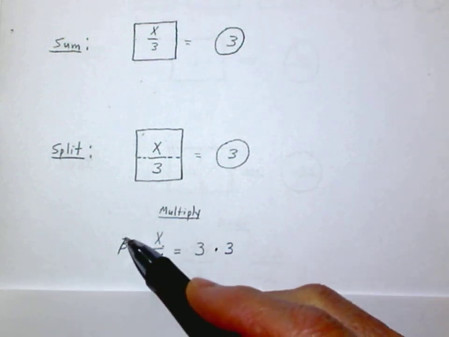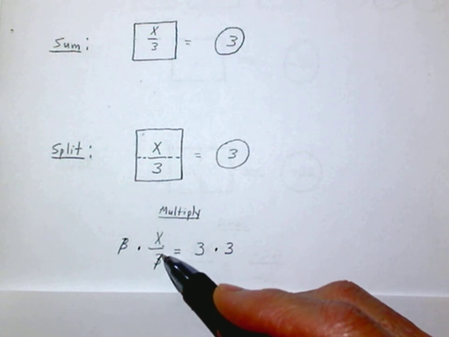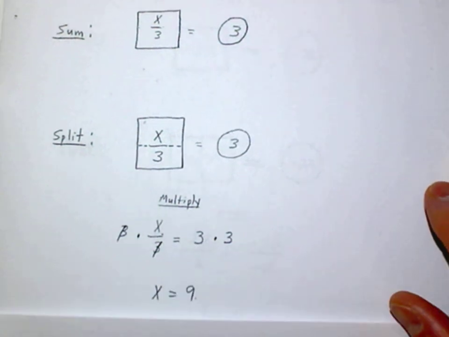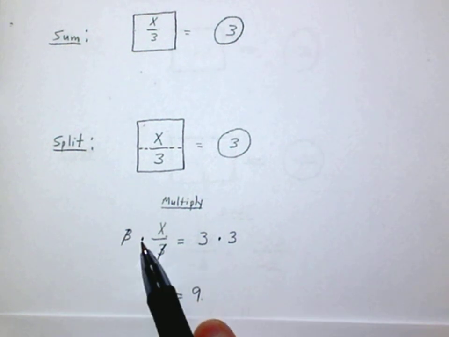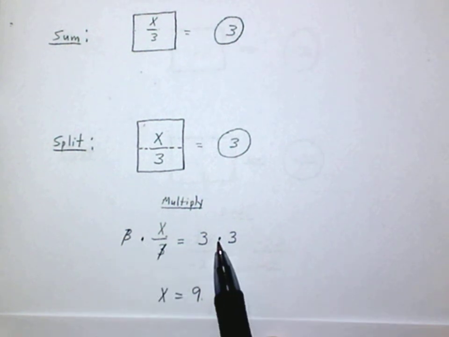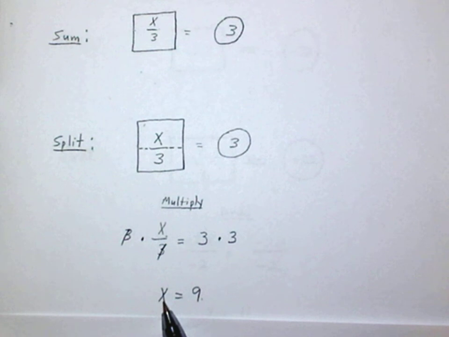When I do that, the 3 cancels with the 3 underneath, and that leaves x all by itself. If I multiply the left-hand side by 3, I have to multiply by 3 on the right. 3 times 3 is 9. And so x equals 9. X is all by itself, so we are now finished.